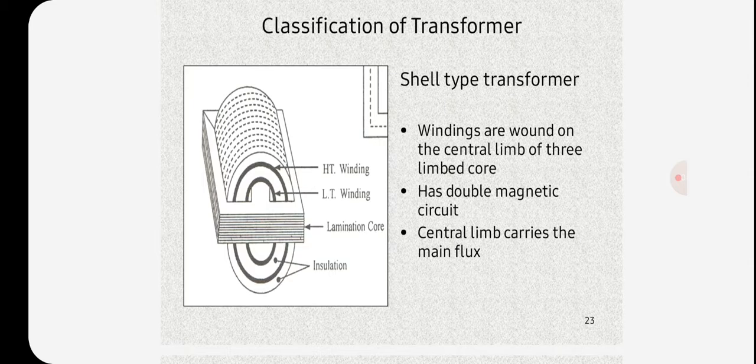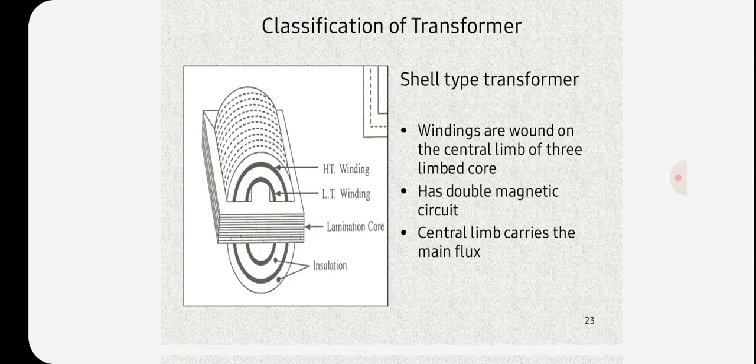In this type, the magnetic flux has two magnetic paths. The total flux passes through the central limb and half the flux is passing through the side limbs. The windings are wound on the central limb of the three-limbed core.